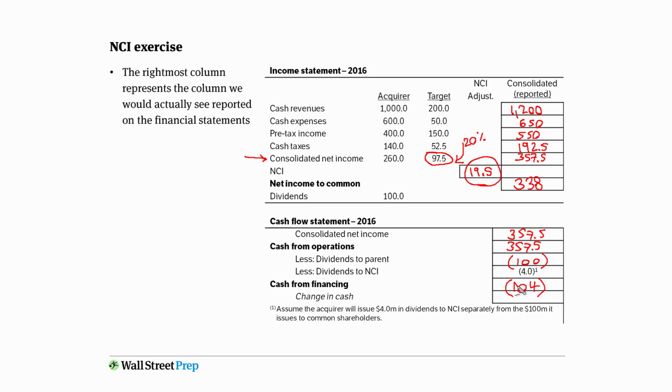So your net change in cash is now the 357.5 minus the 104, for a net total of 253.5. So this is a basic cash flow statement and income statement with non-controlling interests.